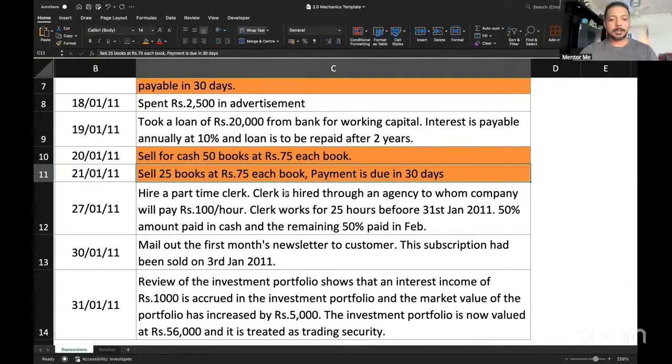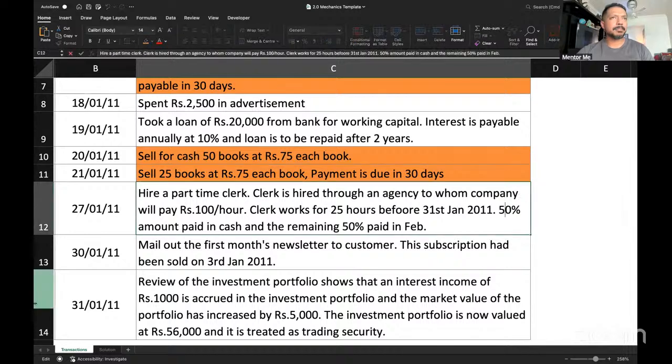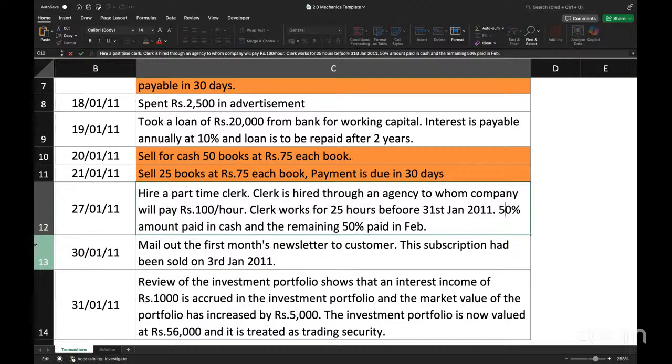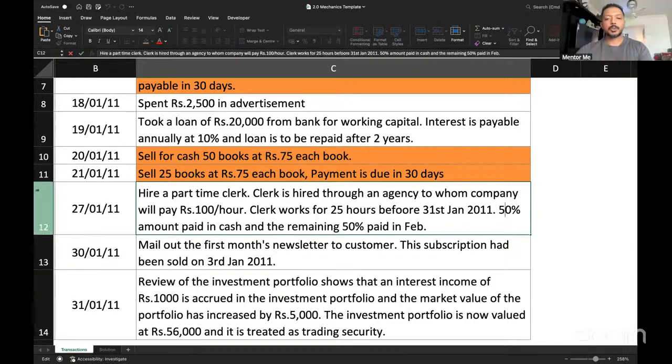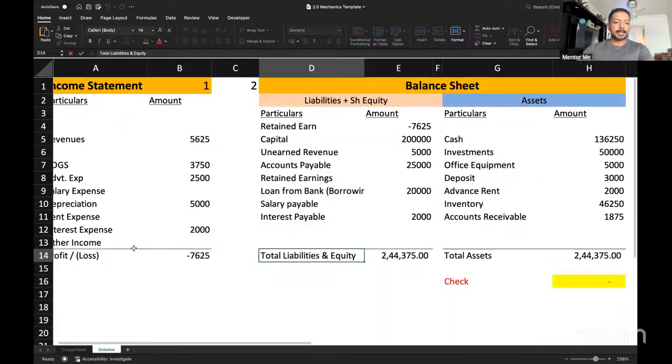Now, here is about a salary expense, you can say. So you've hired a clerk at 100 rupees per hour for 25 hours. 50% you paid in cash and 50% you paid later in Feb. So this is a very simple calculation. First of all, whether I paid later or today, can I recognize the expense? Yes, it's an expense. So 25 hours multiplied by 100 is my salary expense out here.